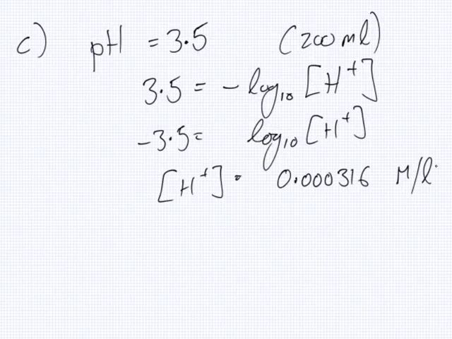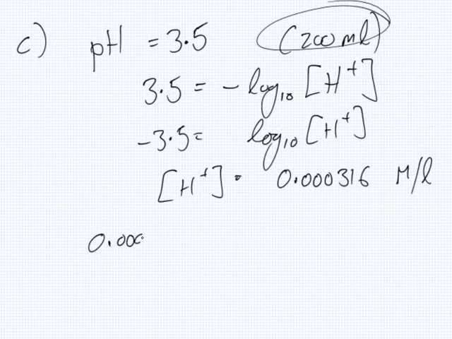Now, how many litres do I have? 0.2 litres is how much I have. So if I want to know how many moles of H I have, I would take 0.000316 multiplied by 0.2.